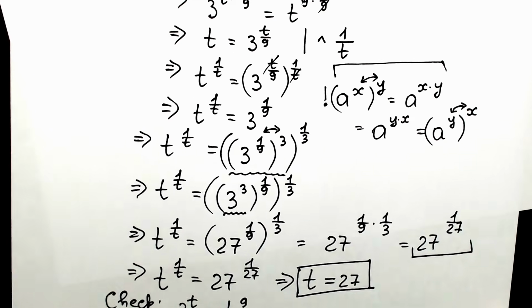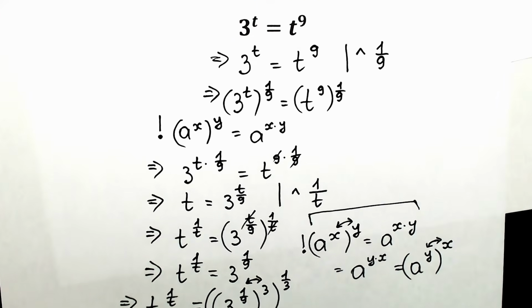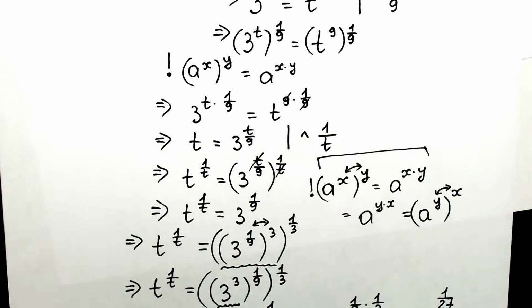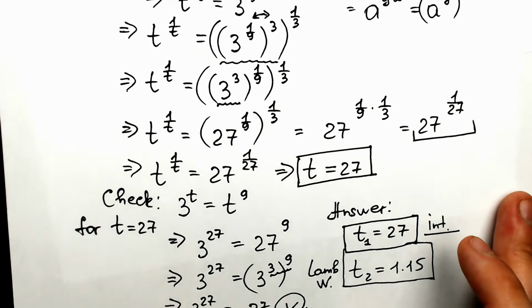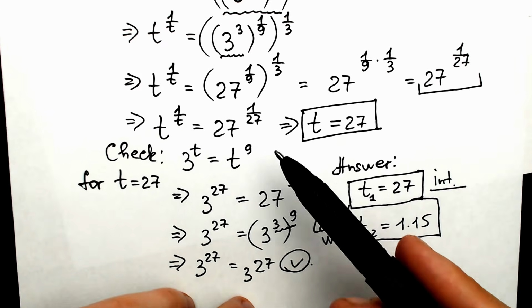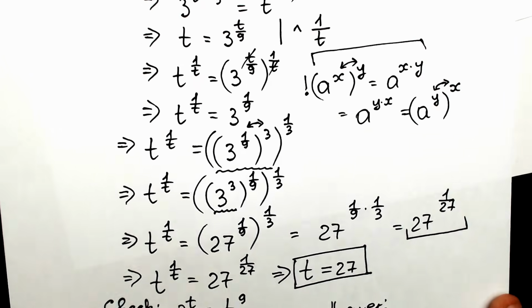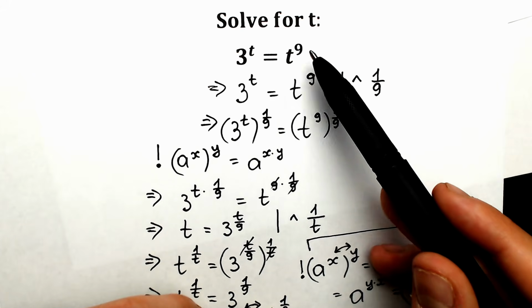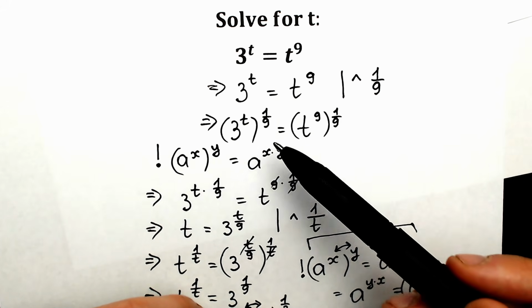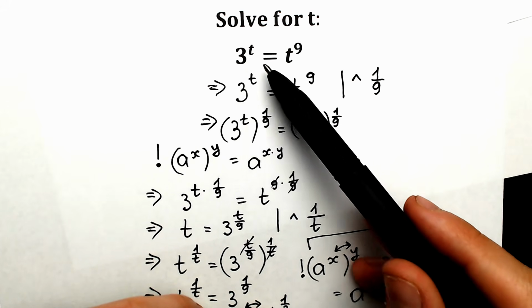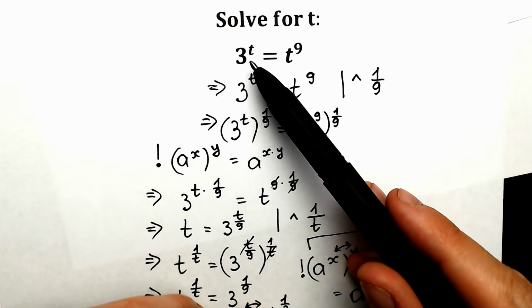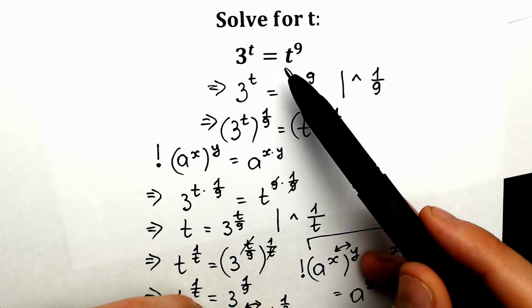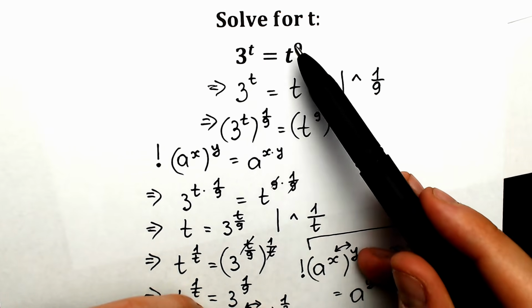So that's why I want to show you how you can solve this type of question according to these tricks. And a few thoughts about this method, because this method is not a general method. So if you have, for example, t to the power 7, you can't solve this question like that. We have a lot of different types of questions, I guess, like 2 to the power x equal to x to the power 32, 3 to the power t equal to t to the power 9.